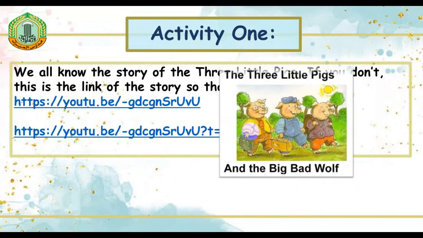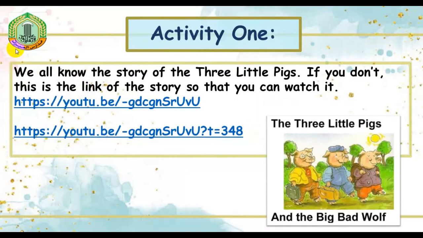Now let's start with activity 1. We all know the story of the three little pigs. If you don't, this is the link of the story so that you can watch it. The three little pigs and the big bad wolf. So now you're going to the YouTube to watch this story.